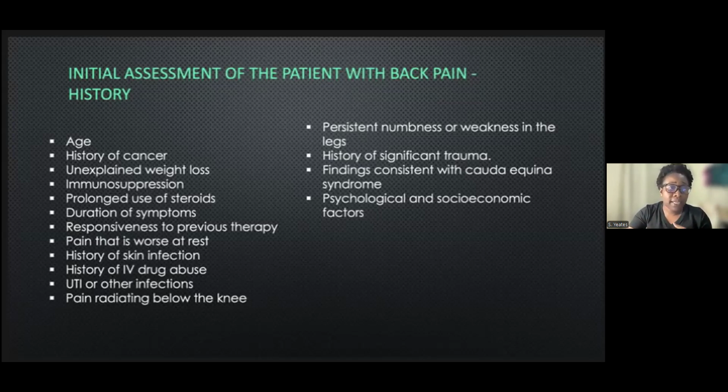Pain that is worse at rest, a history of skin infection, particularly like furuncles, history of IV drug abuse, any UTIs or other infections, particularly UTIs in women, or UTIs that tend to extend within, forgive me, I'm forgetting my jargon.